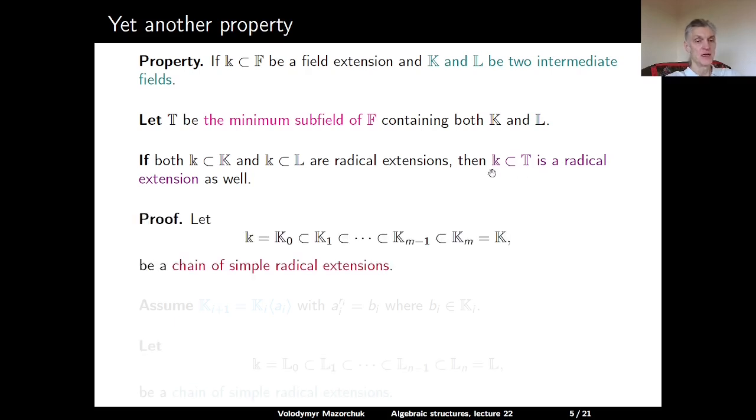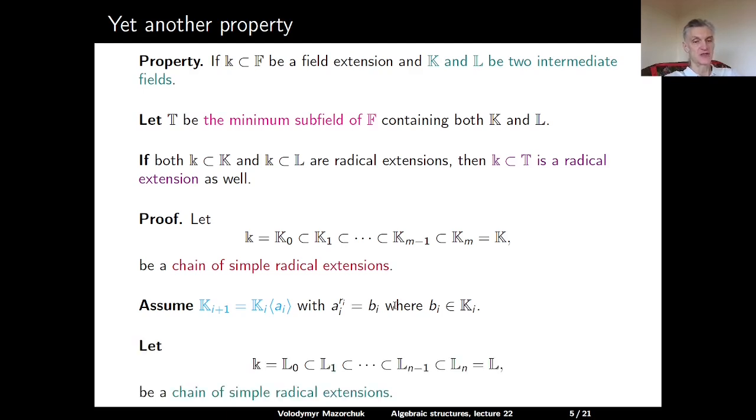Proof. Consider a chain of simple radical extensions which start from little k and go to capital K. Assume that at step i of this chain the field Ki+1 is obtained from Ki by adjoining the element ai, such that ai to the power ri is equal to bi, where bi is some element in Ki and ri is some positive integer.